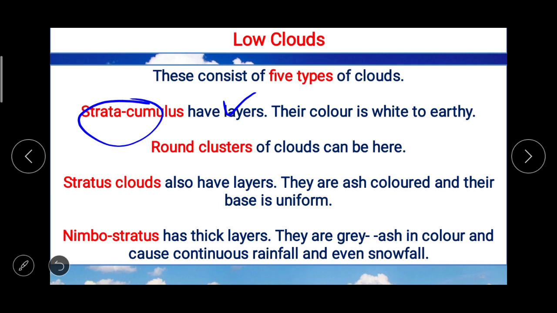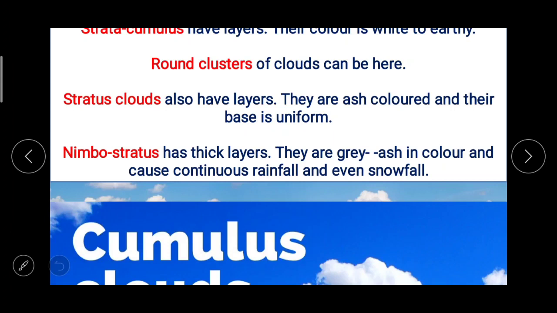Stratus clouds also have layers and they are ash colored and their base is uniform. Then the nimbostratus, thick layers, gray ash in color and cause continuous rainfall and even snowfall.